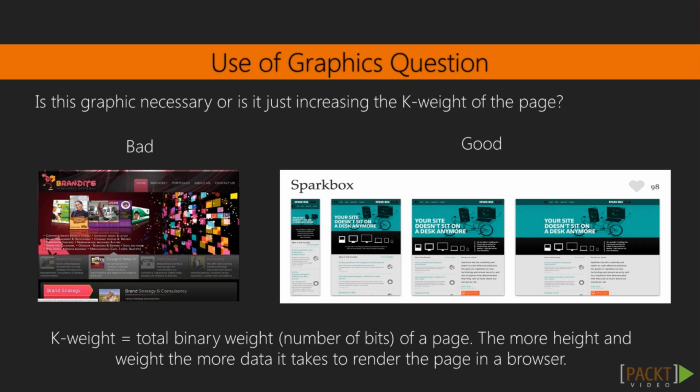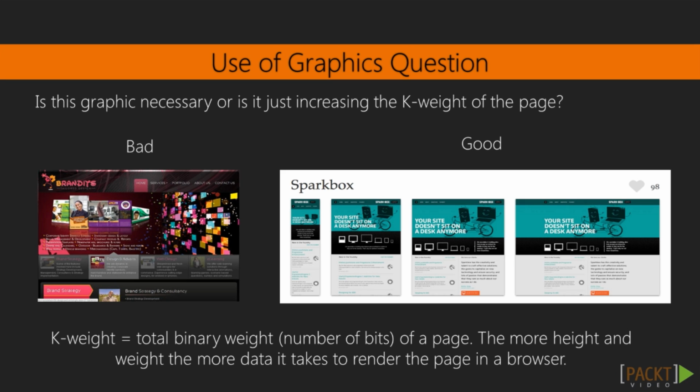When using graphics, there is a question you should ask yourself. Is this necessary, or is it increasing the K-weight of the page? K-weight is the total file size to render a web page. Low K-weight equals fast. High K-weight equals slow. Graphics, although useful, can sometimes be superfluous and should be removed whenever possible.